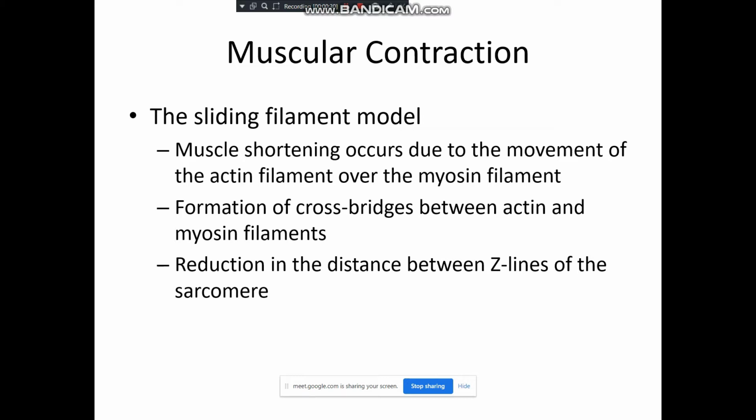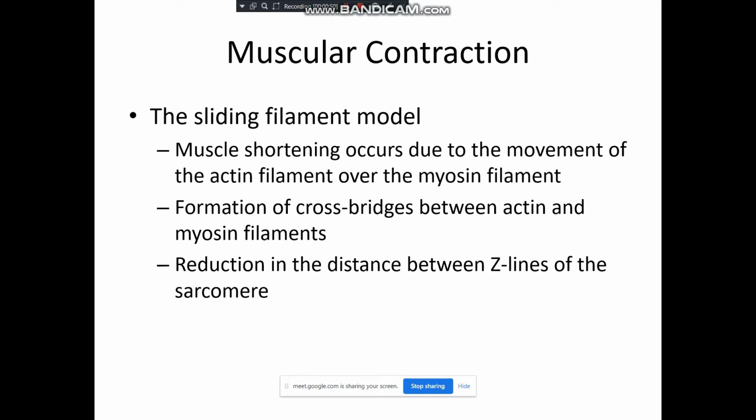In muscle contraction, to understand the mechanism, there are different models, out of which the most accepted and well defined model appears to be the sliding filament theory.